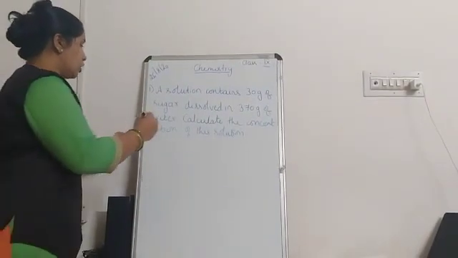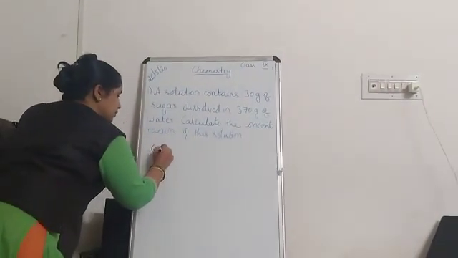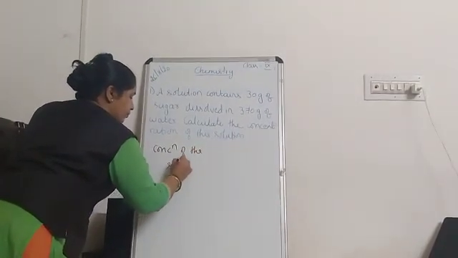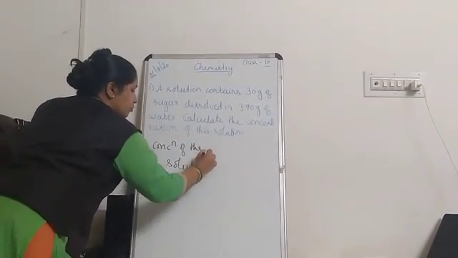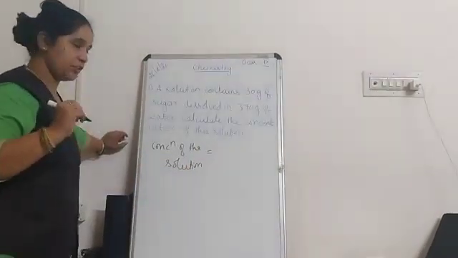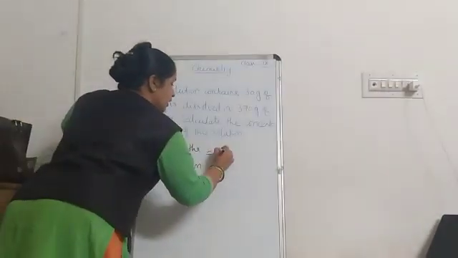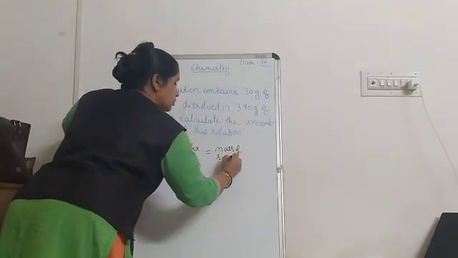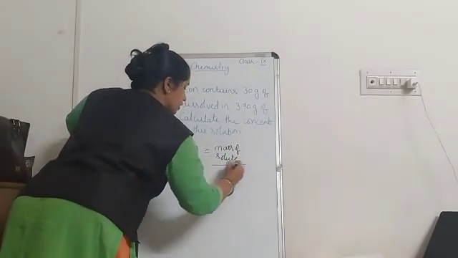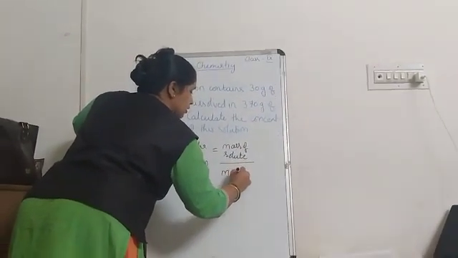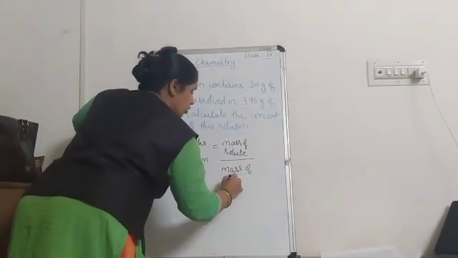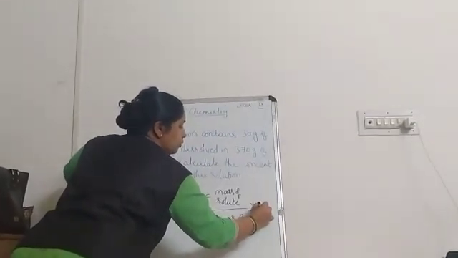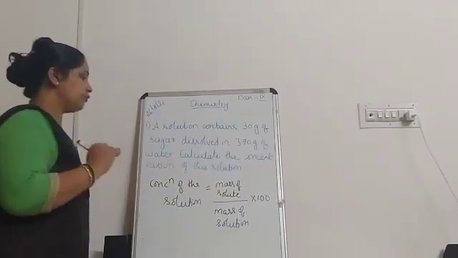So here the concentration of the solution, that is mass percentage we are calculating, is mass of solute divided by mass of solution into 100. So this is the formula.